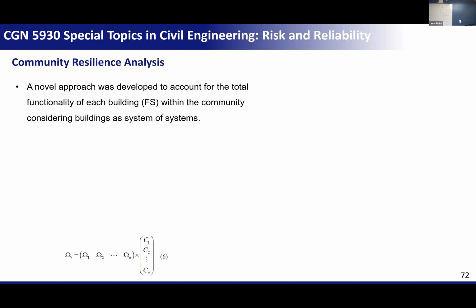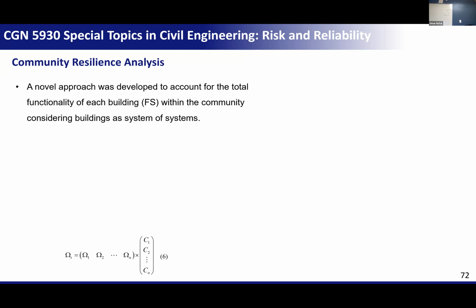Okay. So we come up with something called the functionality vector. This functionality vector can describe the functionality of your building. This vector has every piece of information that you need so that you can judge the functionality of a building.